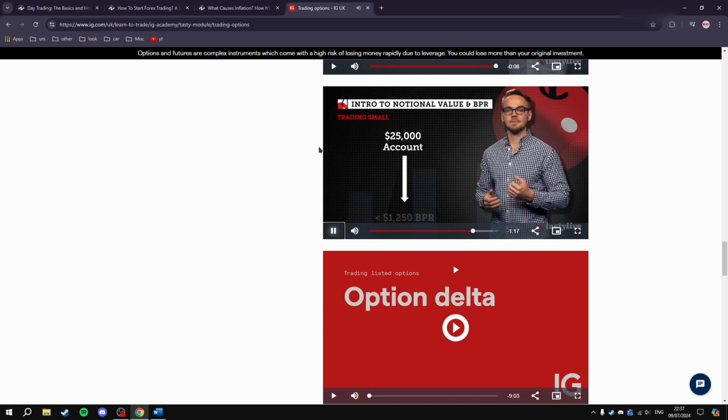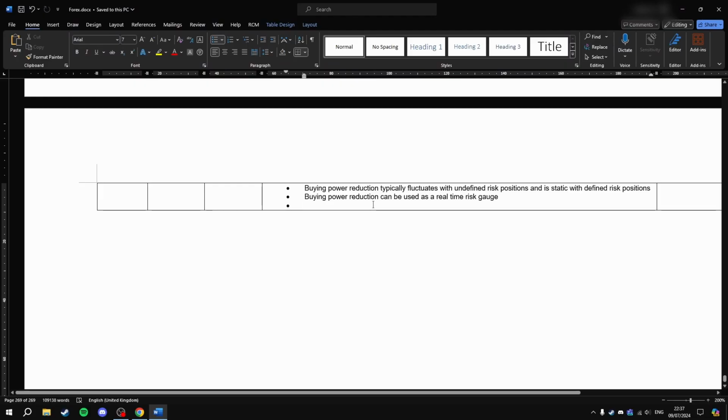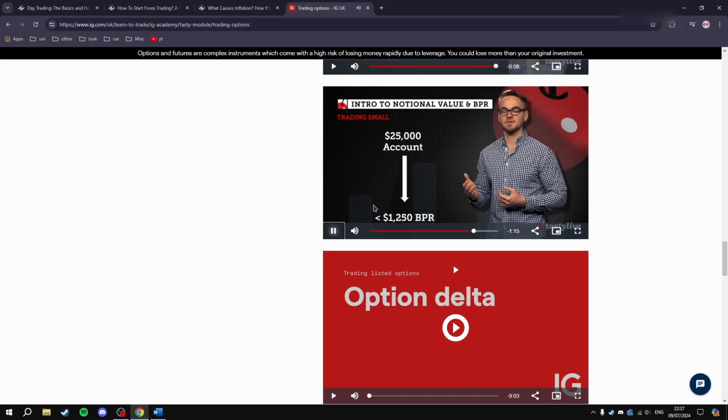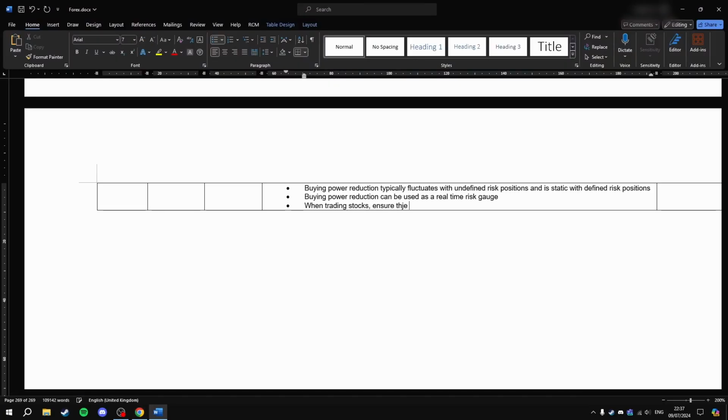With stock trades, long and short options trades, and defined risk spreads, which you'll learn about later, we make sure that our buying power reduction is never larger than 3 to 5% of our total portfolio value.